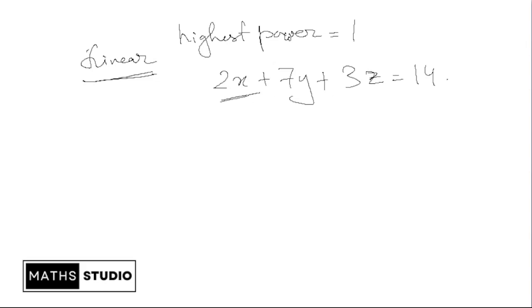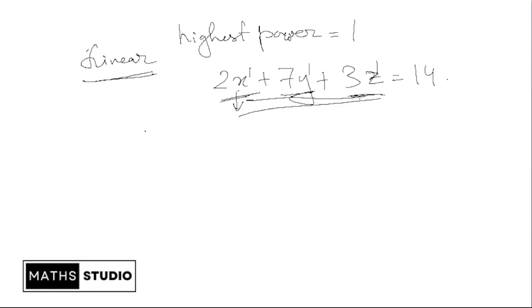Now here x is a variable, y is a variable, z is a variable. These are three variables. The highest power of x is 1, highest power of y is 1, z is 1. So the highest power itself is 1 in this case. So each variable will have one such value for which the equation will be satisfied, where x, y, z, all three of them will be taken care of.